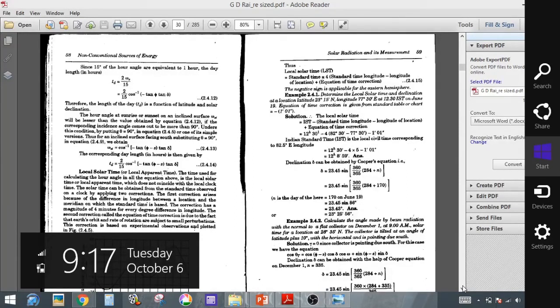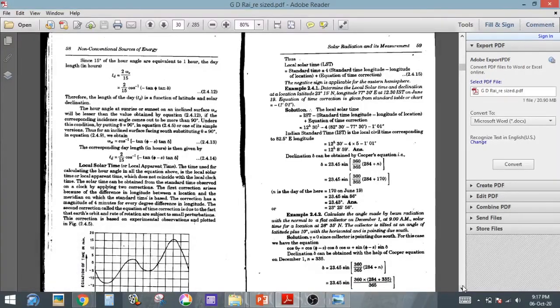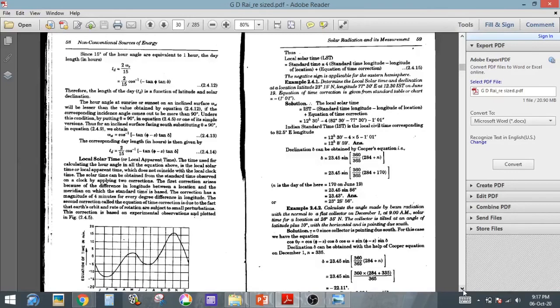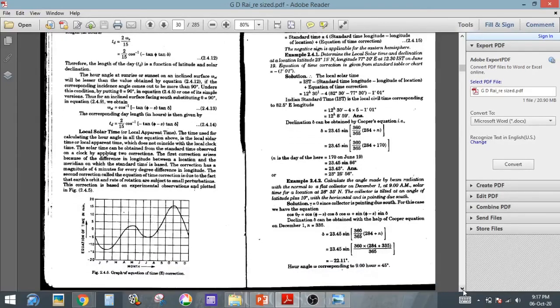Then again, declination delta can be determined from the Cooper's equation, where n is the day of year, and finally we will get the answer as 23.43 degrees. We can convert the values into minutes and seconds. Otherwise, just write the step as our final answer as 23.43 degree.